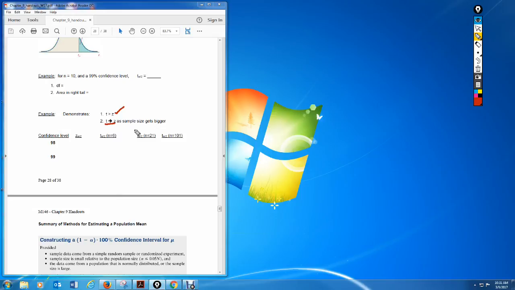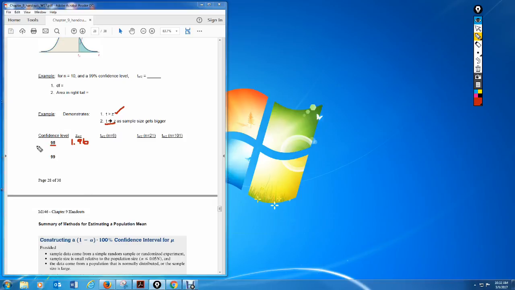It approaches z as you get to a large sample size. So for example, and you could look these up yourself just to verify and make sure that you know how to look these up. But for a confidence level of 95%, we already know, we've used this number many times, that the critical z value is 1.96.